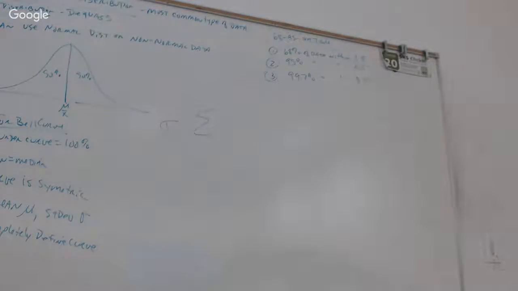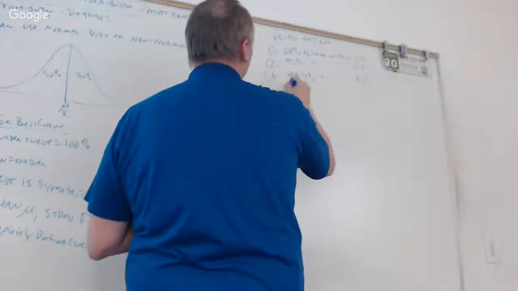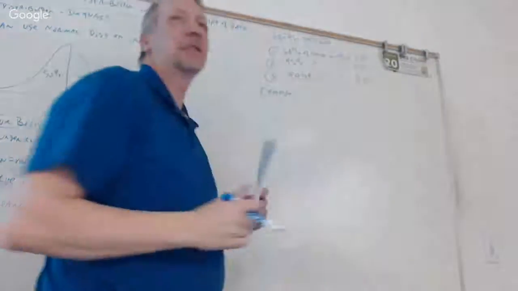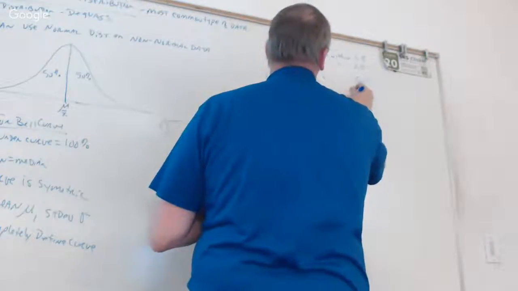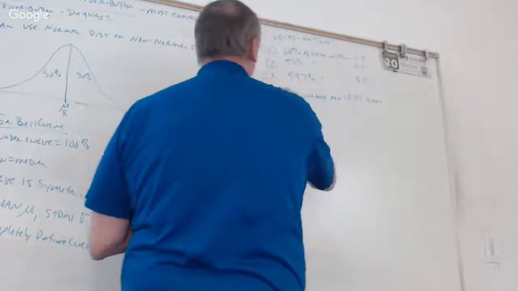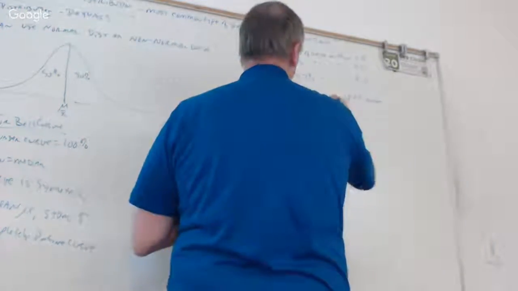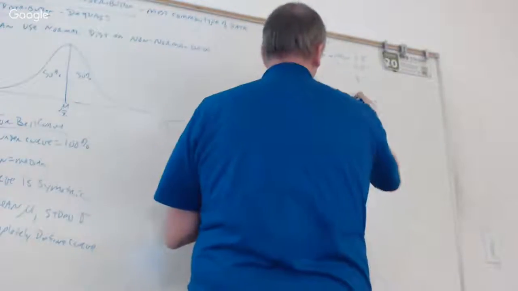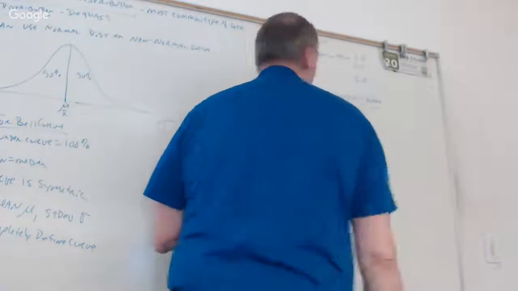Okay. All right. So let's do an example. I want you to draw a bell curve that illustrates these things. Let's say that women age 18 to 24 have a mean height of 65 inches and standard deviation of 2.5 inches.